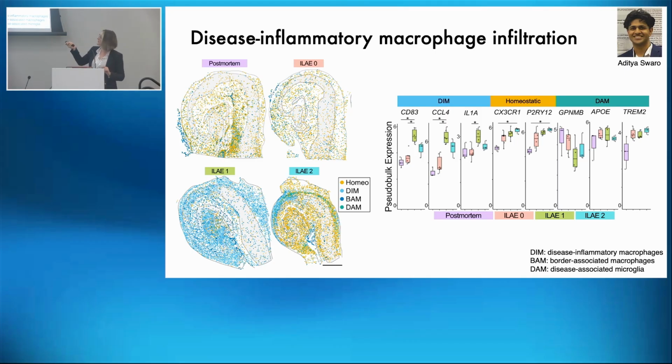He was able to see a significant upregulation in ILAE 1 of marker genes associated with this specific state of microglia. He also saw an upregulation of homeostatic microglia markers from ILAE 1 to ILAE 2, and no effect in marker genes of DAM-associated microglia.